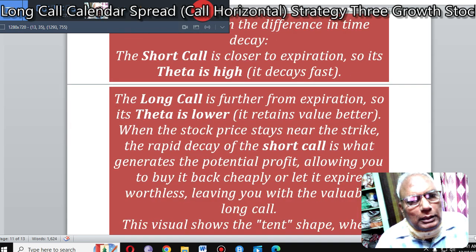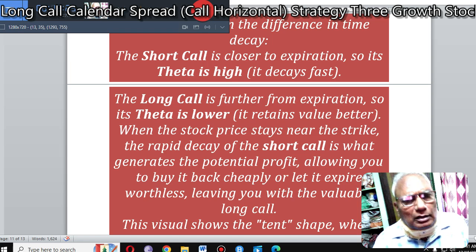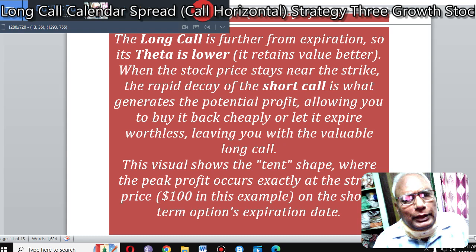The long call is further from expiration, so its theta is lower. It retains value better when the stock price stays near the strike. The rapid decay of the short call is what generates the potential profit, allowing you to buy it back cheaply or let it expire worthless, leaving you with the valuable long call.